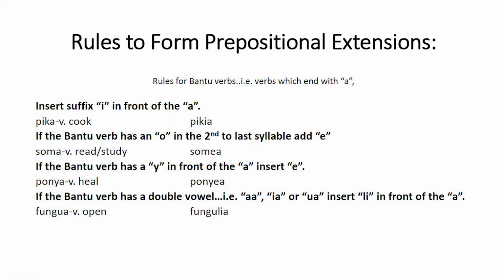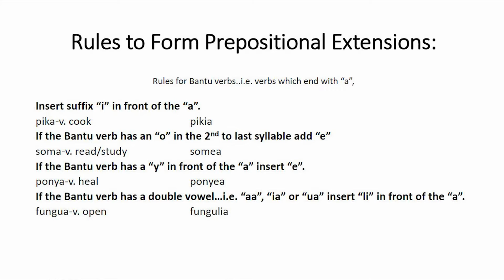Now, if the Bantu verb has an O in the second to last syllable, then you just add an E. So read or study, soma, becomes read or study for, somea. If the Bantu verb has a Y in front of the A, insert E. So heal, ponya, becomes heal for, ponyea.